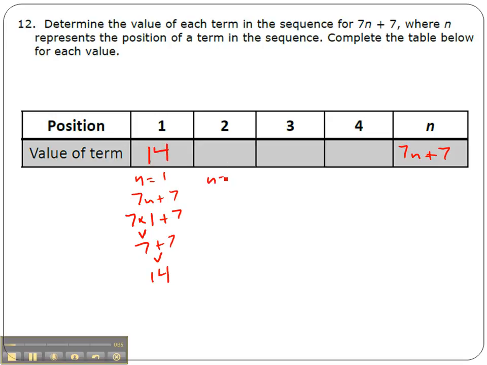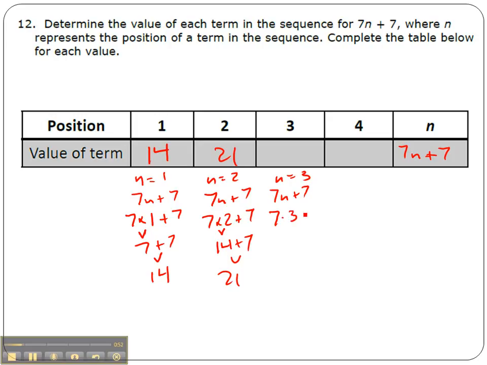For n equals 2, 7n plus 7 would be 7 times 2 plus 7, or 14 plus 7, which equals 21. N equals 3, 7n plus 7 would be 7 times 3 plus 7. 7 times 3 is 21, plus 7 would be 28.